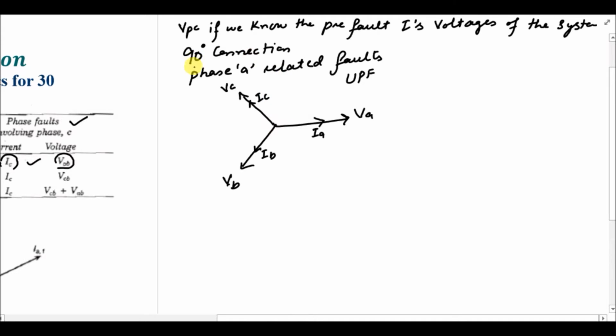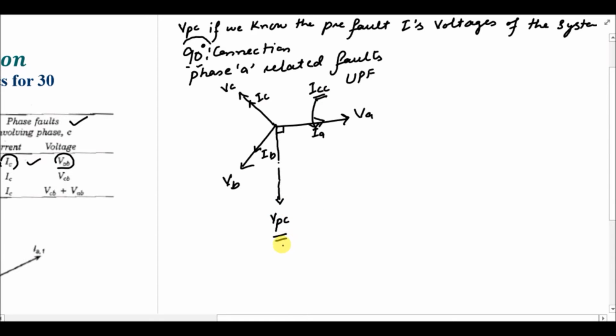Now, as I am saying that it is a 90-degree connection, there should be a voltage that has to be considered as VPC at 90 degrees from ICC. So this will be your VPC, and this IA is ICC.